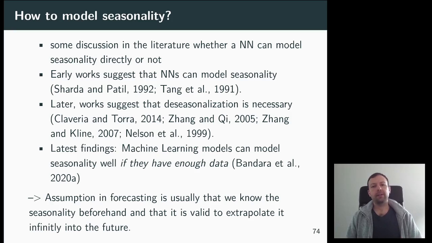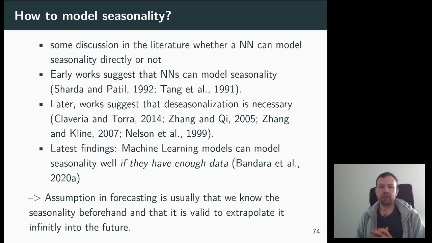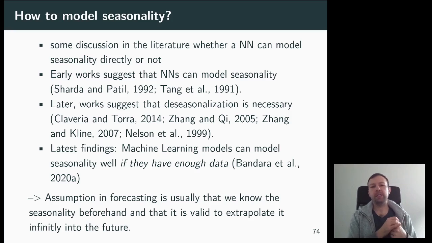Another thing is that an assumption in forecasting is usually that we know the seasonality beforehand and that it is perfectly valid to just extrapolate it infinitely into the future. So about seasonality, we can be very confident we know it beforehand and that it doesn't change.